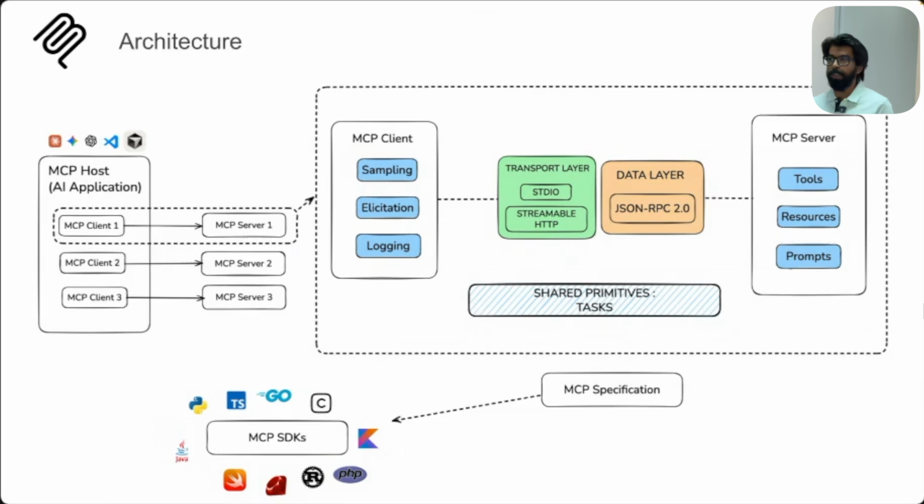There's an MCP specification which keeps developing over time, and you have the client and the server. The server has three main primitives: tools, resources, prompts. The transport layer, the communication between the client and server, is through either the stdio transport or the streamable HTTP transport, and the data layer it uses is JSON-RPC 2.0.